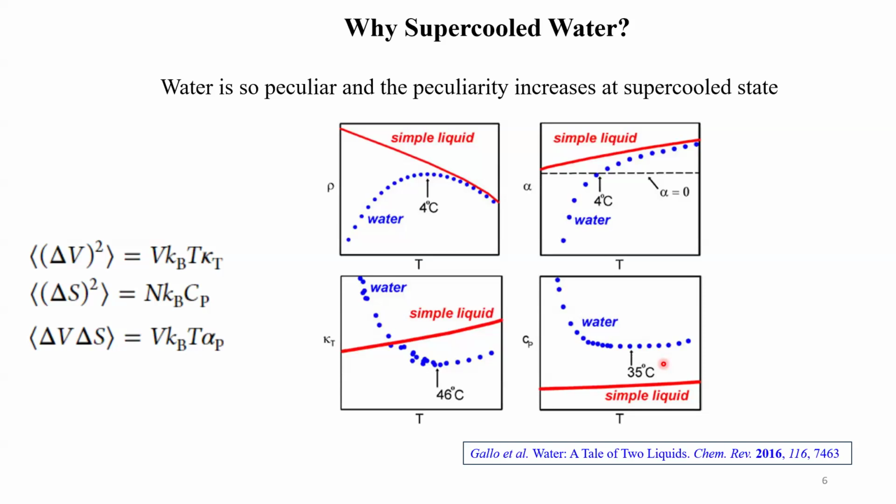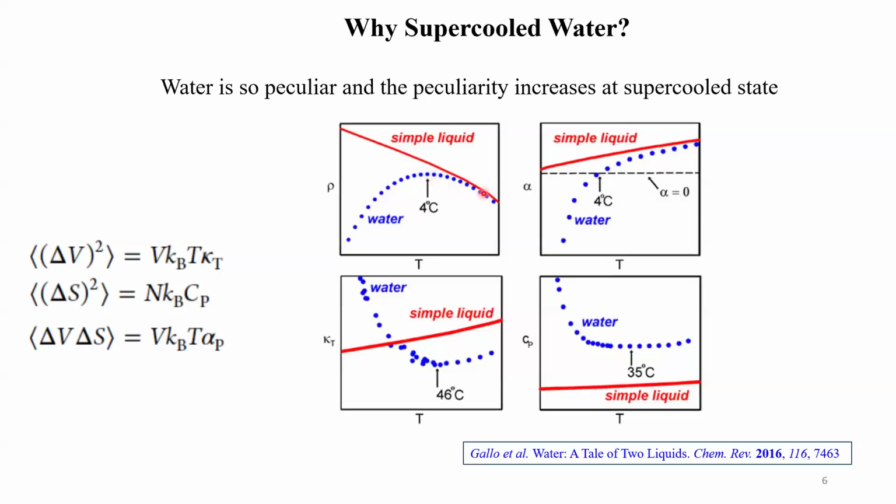A few anomalous behaviors are summarized here. There are 4 thermodynamic properties. You can read this review article in Chemical Reviews, published in 2016, which expresses and shows this very beautifully. So this is like density. We know from our school days that the density of water is maximum at 4 degrees Celsius.